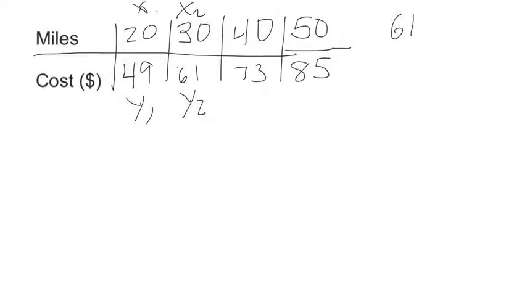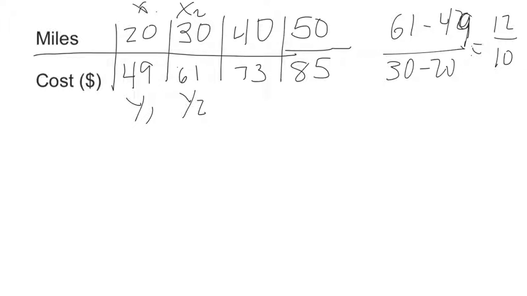So if I do the 61 minus 49 over 30 minus 20, that's not 42, it's 49. 61 minus 49 is going to give me 12. 30 minus 20 is 10.